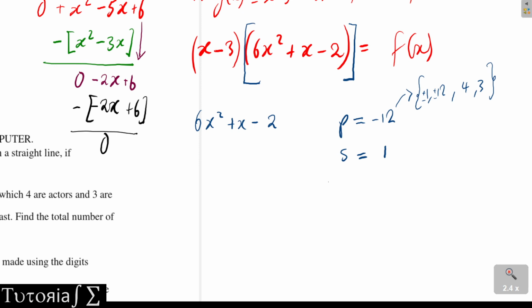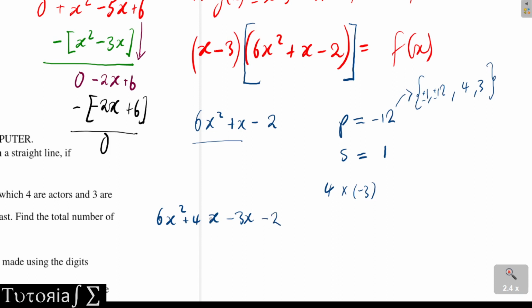So basically, when we have 4 times negative 3, this will give us negative 12, and 4 minus 3 will give us a positive 1. So basically, this right here can be written as 6x squared plus 4x minus 3x, then minus 2.